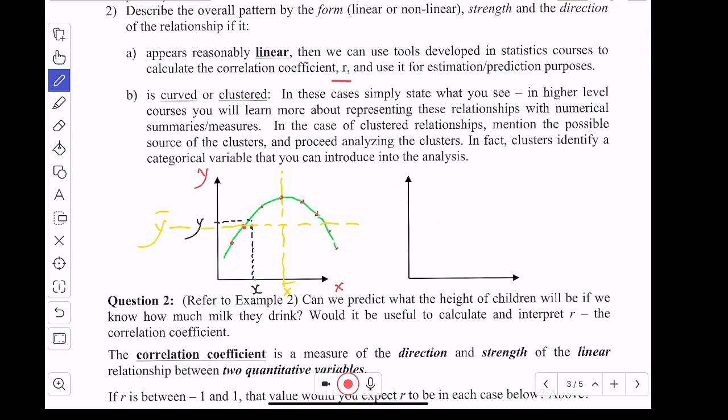When x is high, we would say y is indeterminate. We don't know. It can be high or it can be low. When x is low, below its mean, y is both high and low.